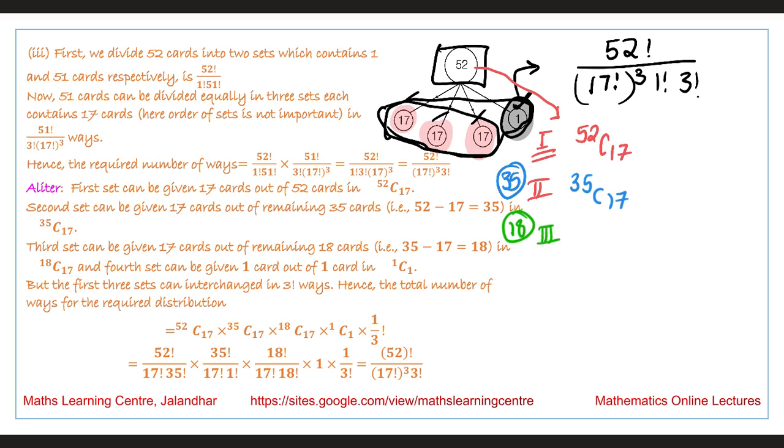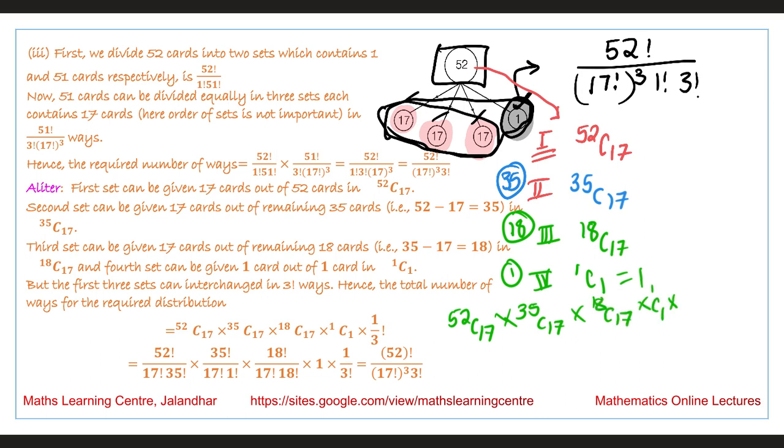So the third one has 18C17 options, and last we are left with only 1 card, and we have 1C1 option, that is equal to 1. So the total number of ways we have is 52C17 into 35C17 into 18C17 into 1C1 into 1 by 3 factorial, because these 3 groups can be interchanged.